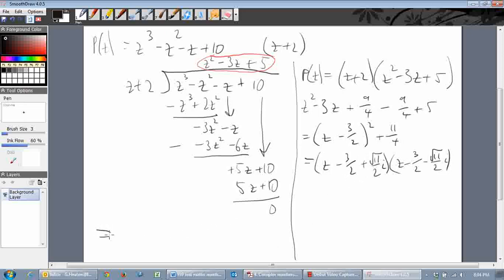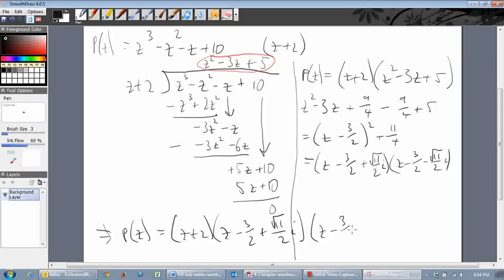And so therefore the finished factorisation P(z) is equal to (z + 2)(z - 3/2 + root 11 over 2 i)(z - 3/2 - root 11 over 2 i). And there's your factorisation. Okay, because it's going to be a long-ish video, I'll stop there. So that's the full factorisation.